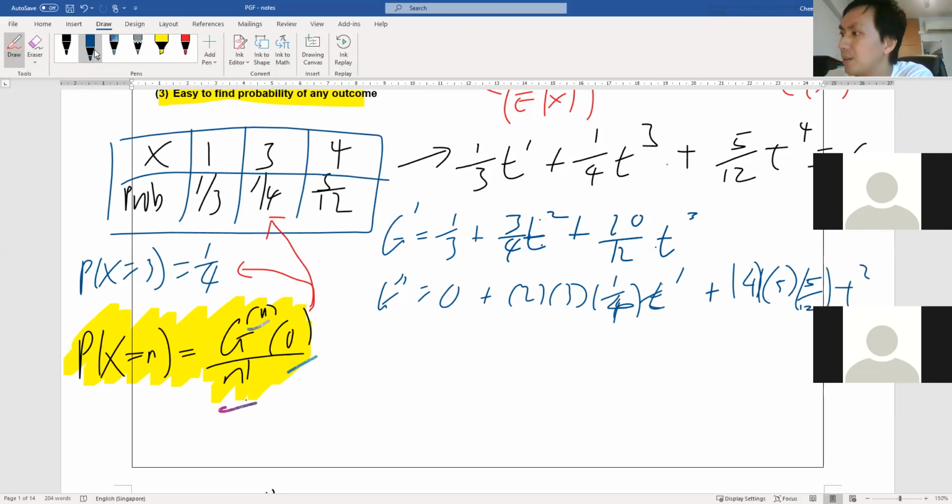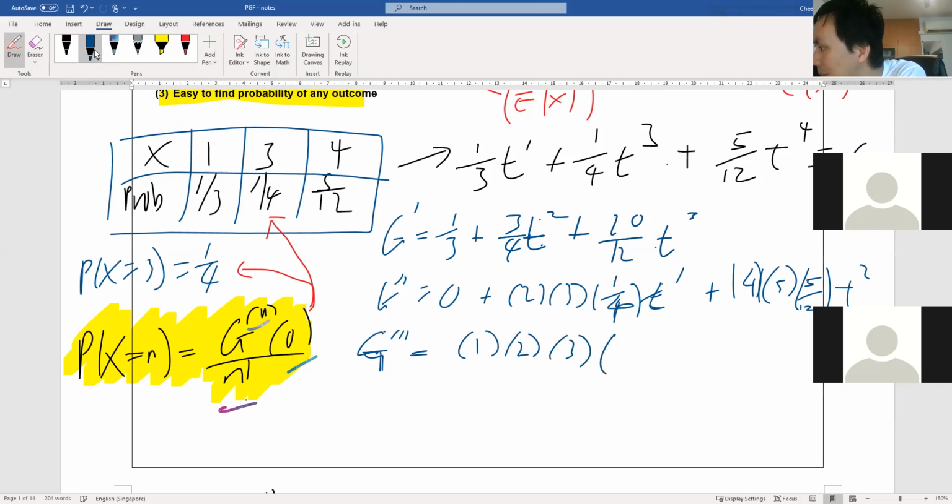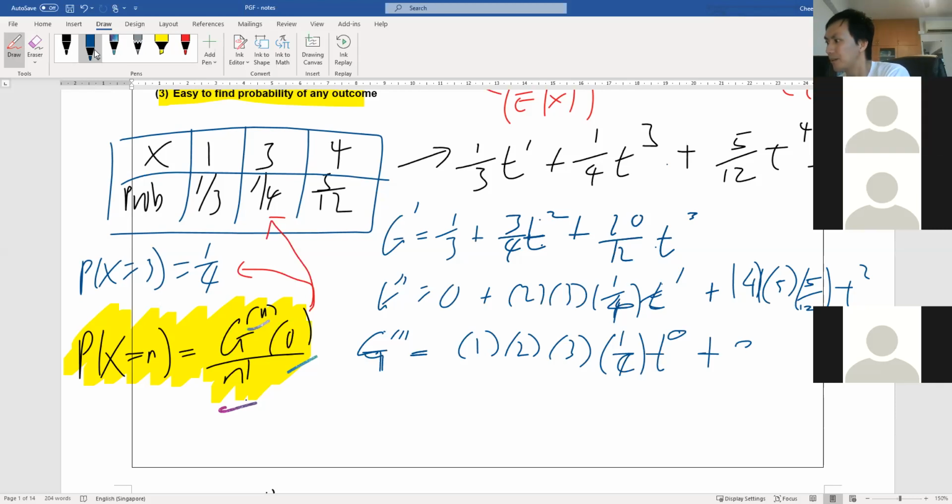Okay, so differentiate a third time. I will have a 1, a 2, a 3, a 1/4 t to the power of 0 right now, plus, sorry, there's a mistake in the differentiation just now.